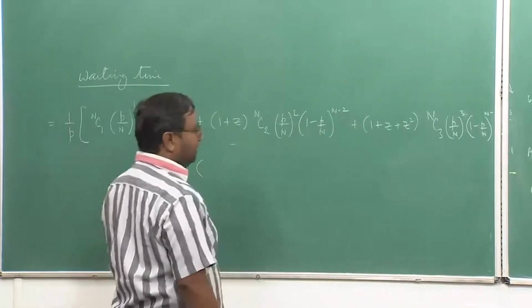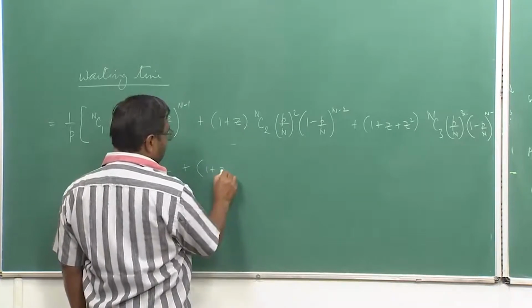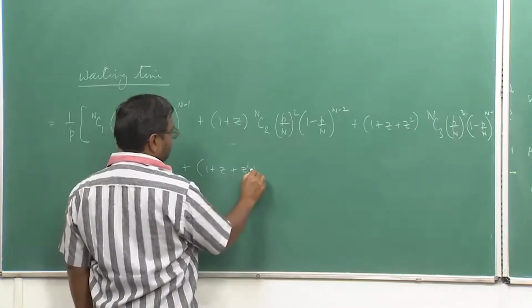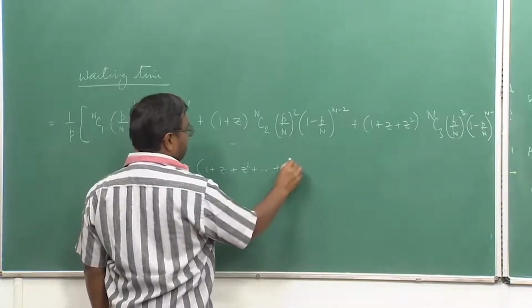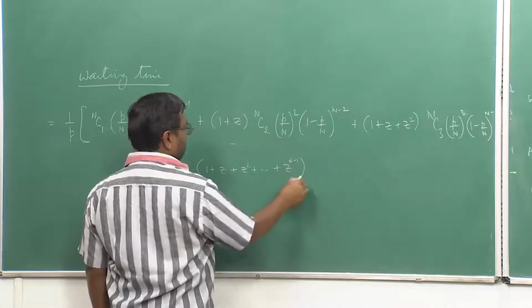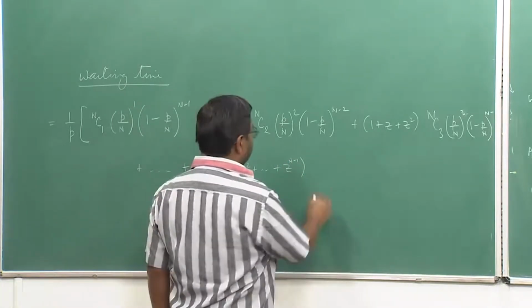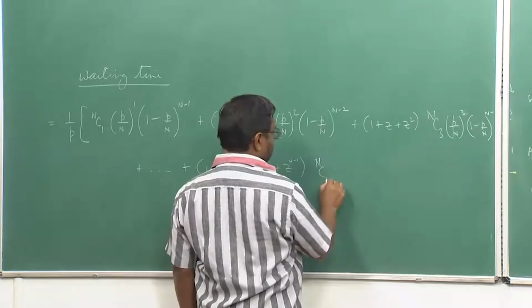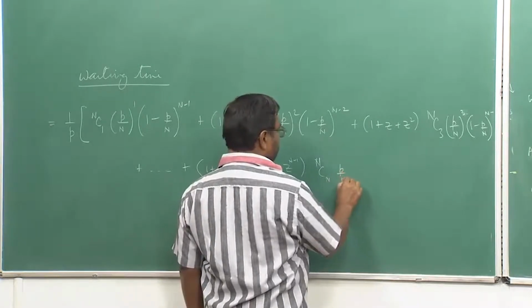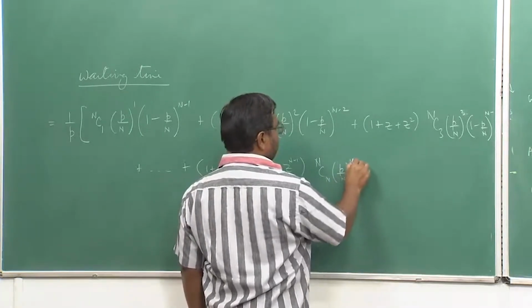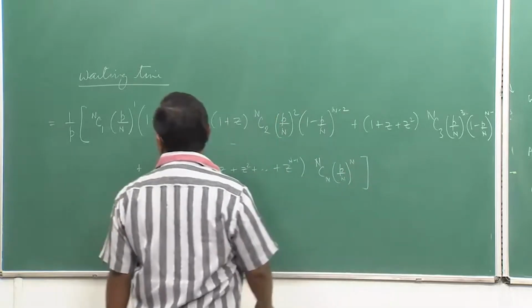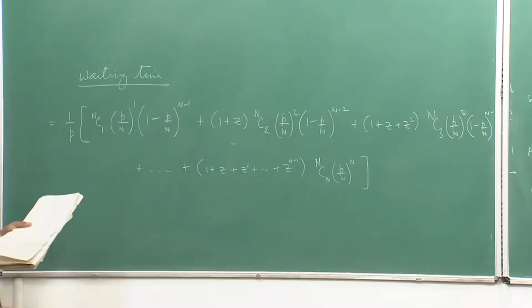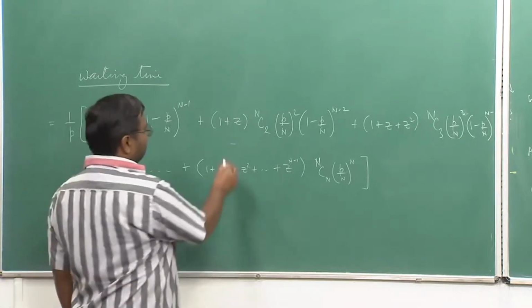The last term will be 1 plus z square plus, and so on. So, these will be the terms. So, I can now write down the summation of these terms.